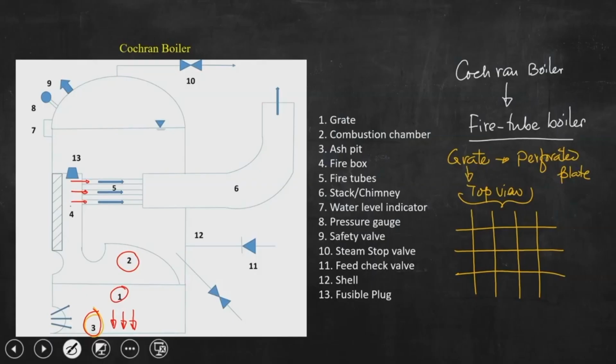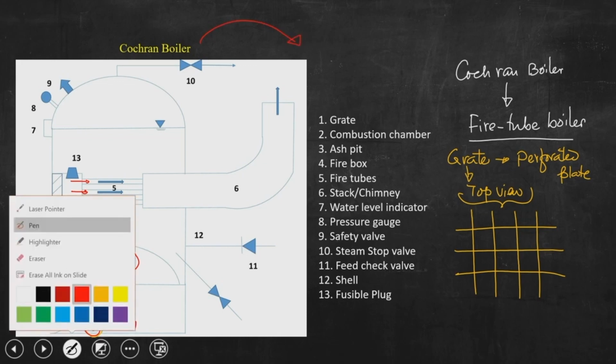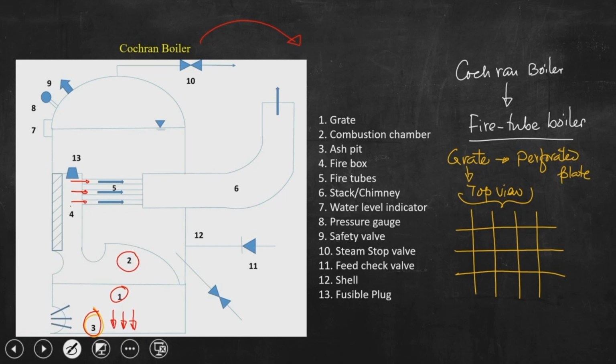So let me write here: Cochran boilers are suited for small pressure, say up to 10 to 15 bar.